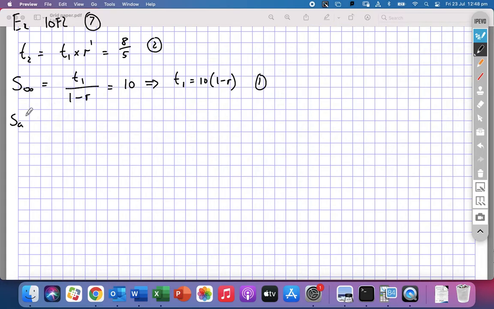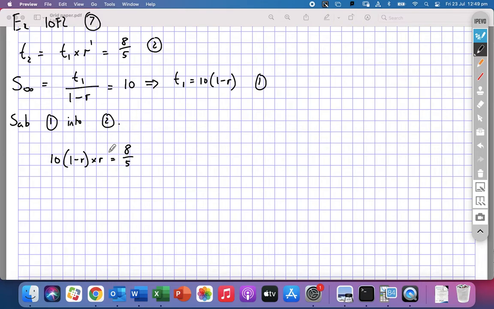Let's sub 1 into 2. And we get 8 fifths equaling the T1 value, which is now 10 brackets 1 minus R times R to the power 1, and it has to equal 8 fifths.